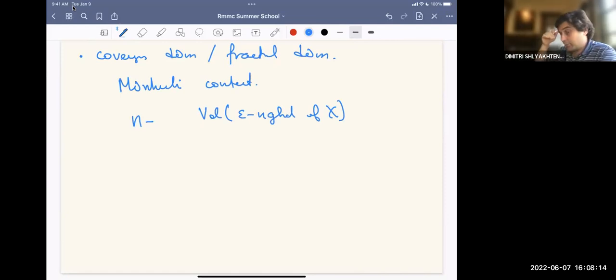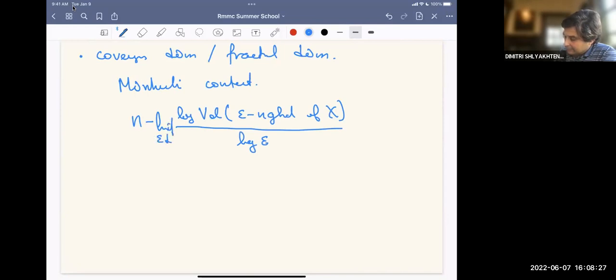That's fine. It has a Lebesgue volume, and then you take the log of this and you divide by log epsilon. And if you take some limit for something like this as epsilon goes to 0, then this will actually give you a measure of this, your d.